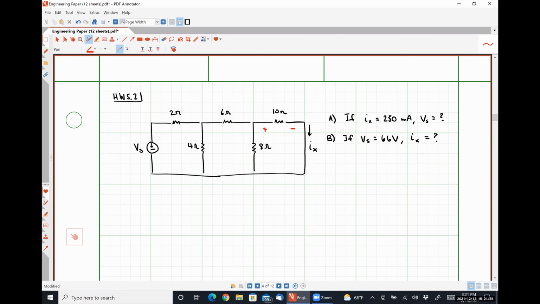So what is the voltage drop over the 10 ohm resistor? Right, so if Ix is 250 milliamps, hit me with a number, Norman.